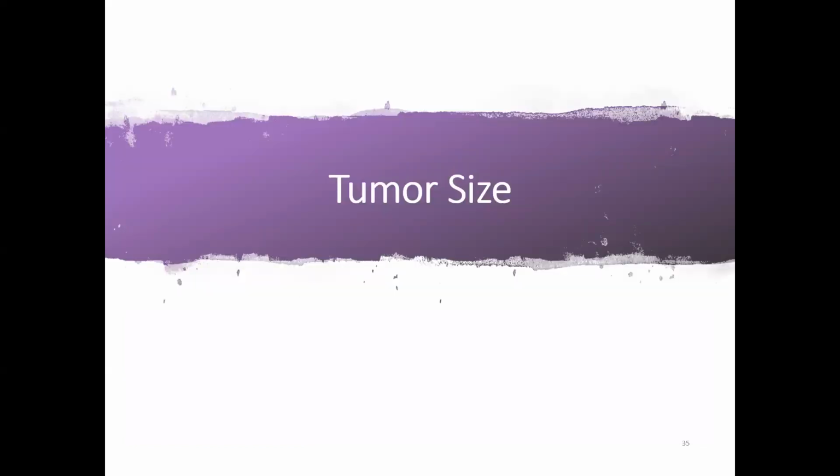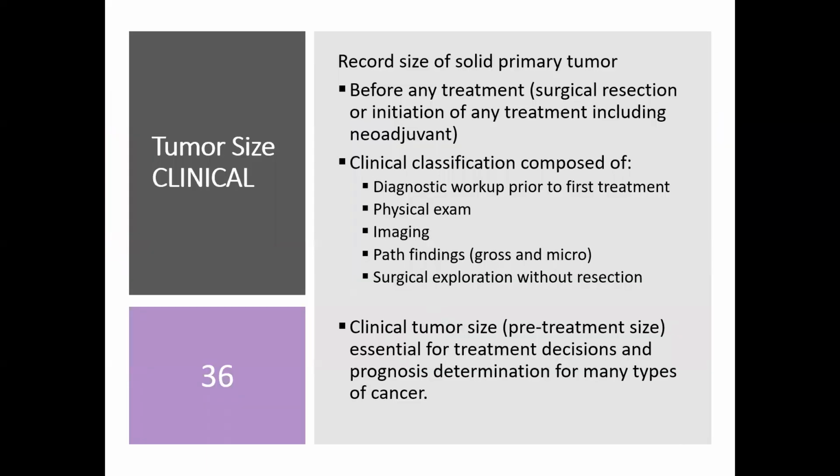Okay, just a few more slides to clarify some areas. So the tumor size clinical was another area we found below the desired 85% goal, and it was at 69%. The reference for the tumor size fields are found in the SEER manual, page 114.